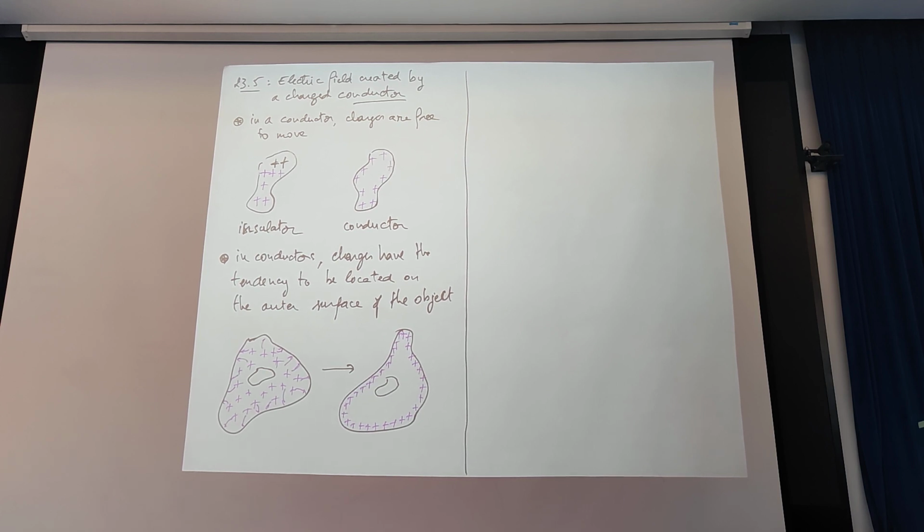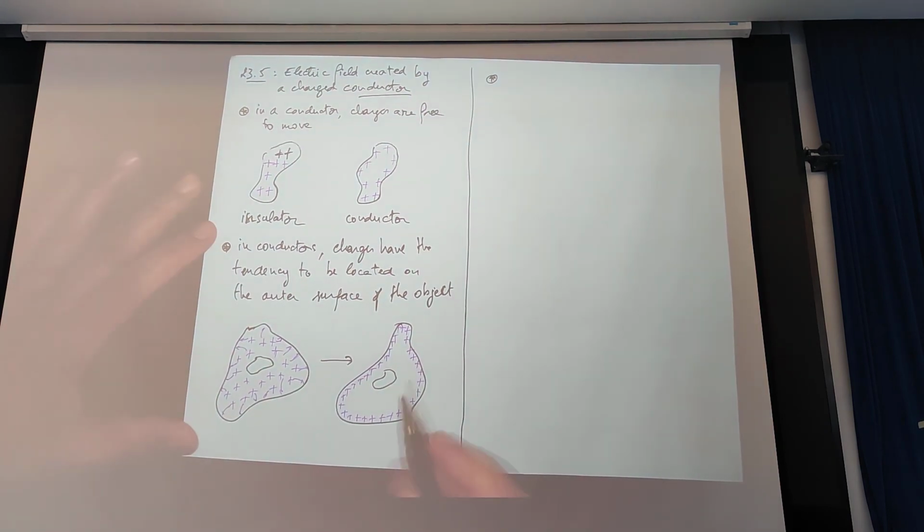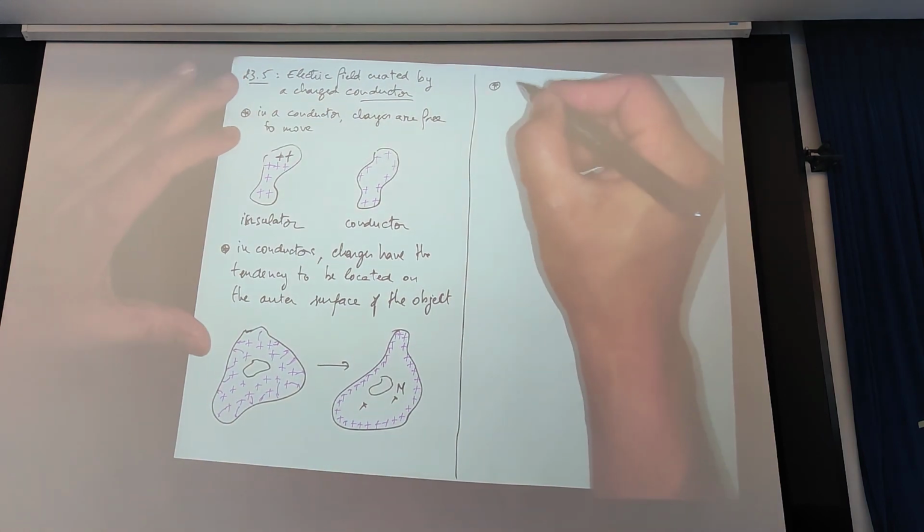Okay? So now, of course, just one important remark. Inside here, for example, let's consider a point M inside the conductor. At the equilibrium, what is the electric field inside?